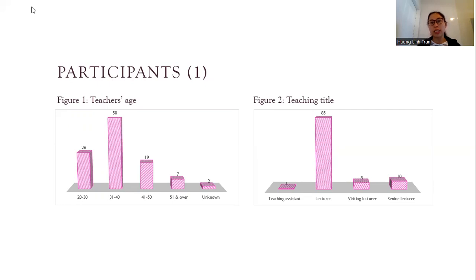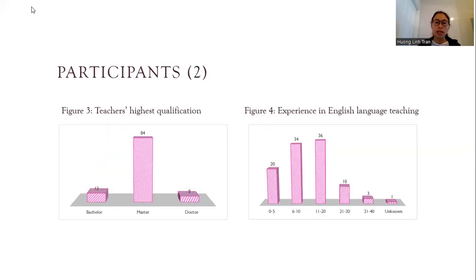The majority of the teachers have the teaching title of lecturer. Only one teacher was a teaching assistant, and there were 10 senior lecturers and 8 visiting lecturers.